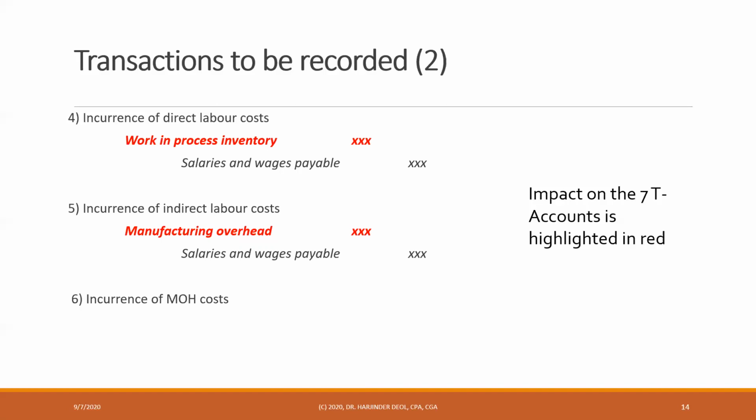So a lot of accounts might be involved. All of these costs, though, if they are related to the production facility, they're part of manufacturing overhead. So the actual costs being incurred, we debit manufacturing overhead for those actual costs, and the credit will go to various accounts depending on the nature of that manufacturing overhead cost.